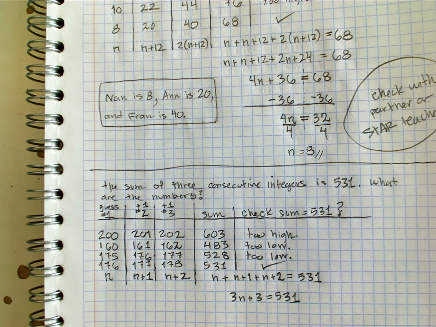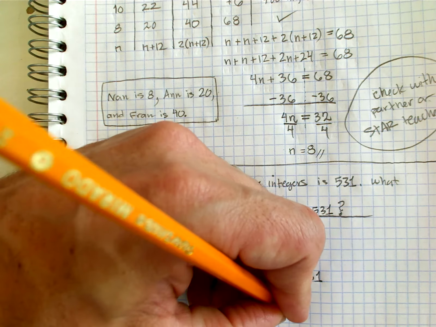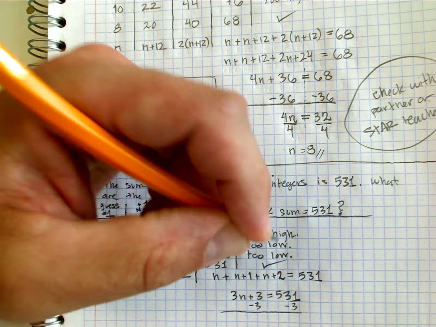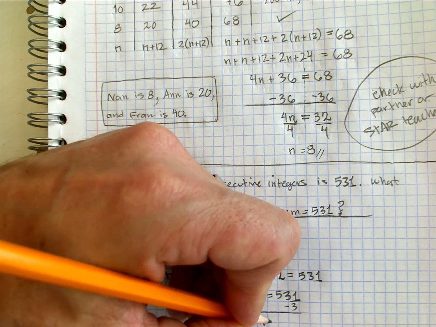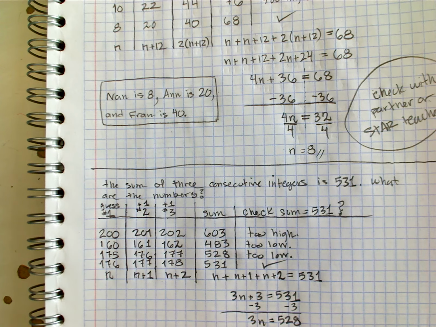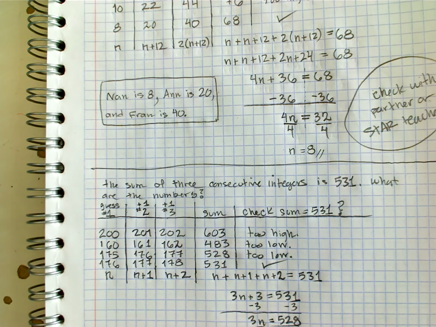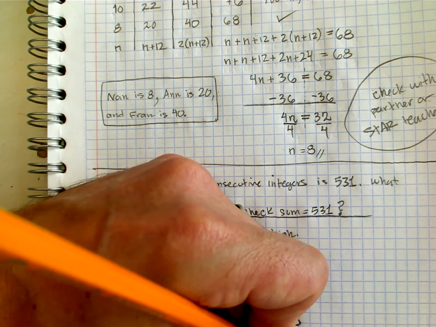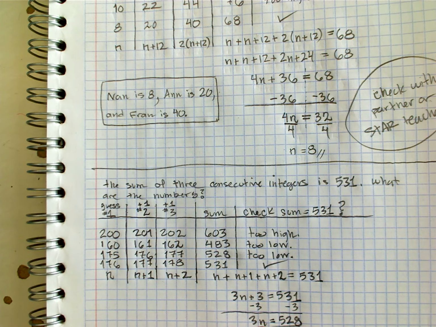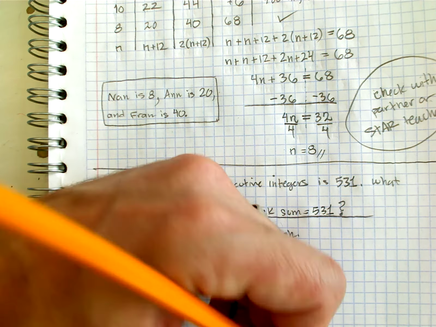And using my properties of equality to try to get the n all by itself, I can subtract 3 from both sides of this equation, and I end up with 3n equals 528. And then dividing both sides by 3 to get 1n all by itself. And 528 divided by 3, sure enough, that's 176.